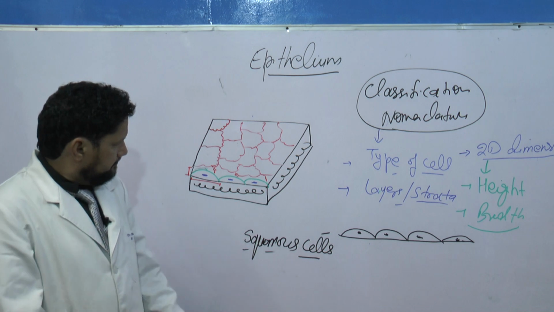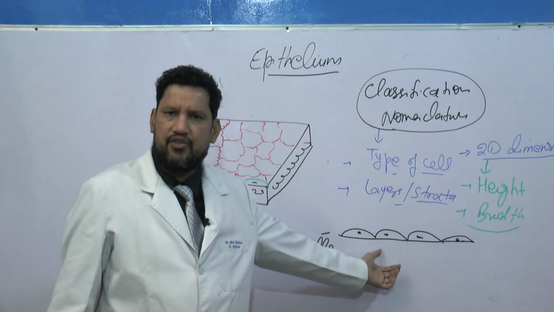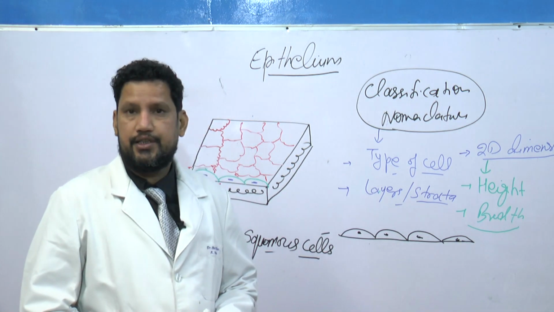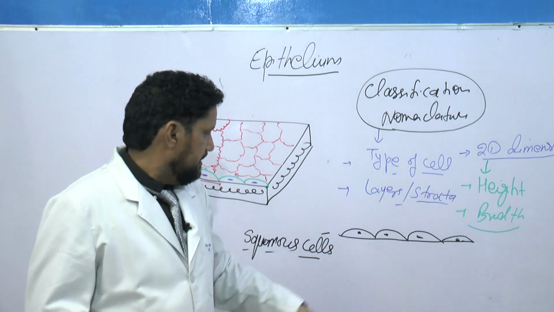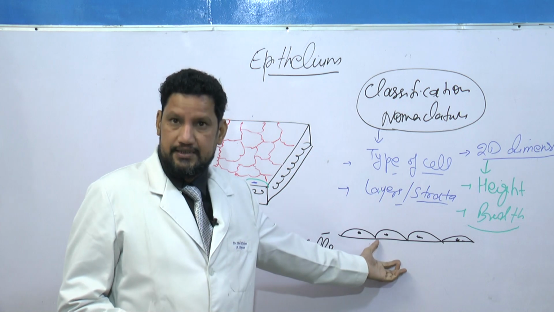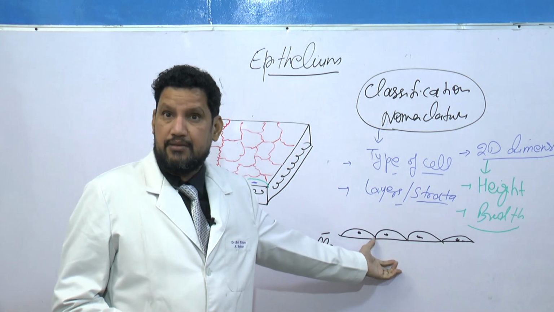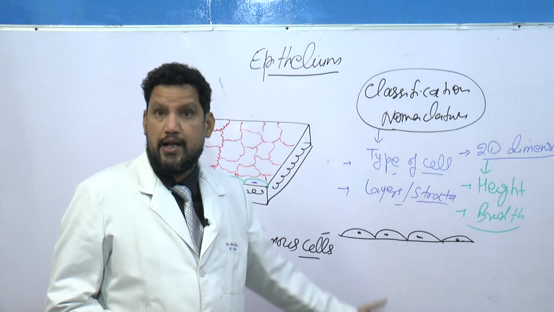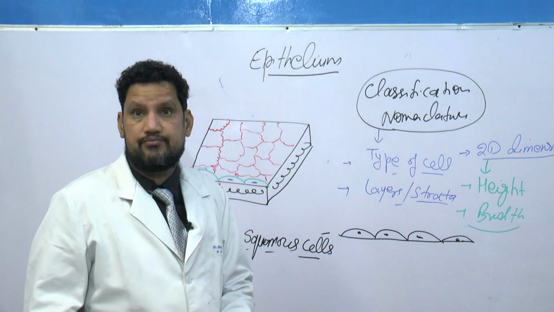So when the cells are flat and resting on the basement membrane, this membrane where cells are resting is known as basement membrane and made up of extracellular connective tissue or extracellular matrix.